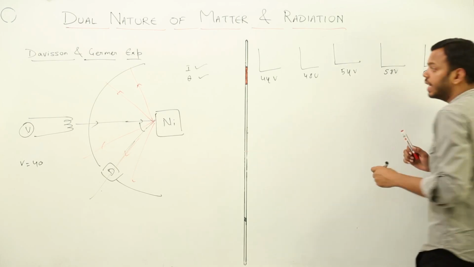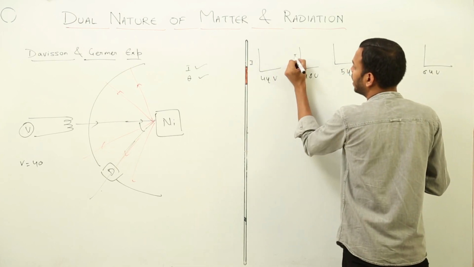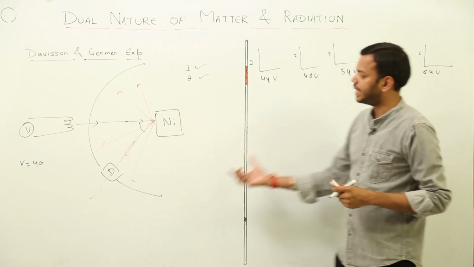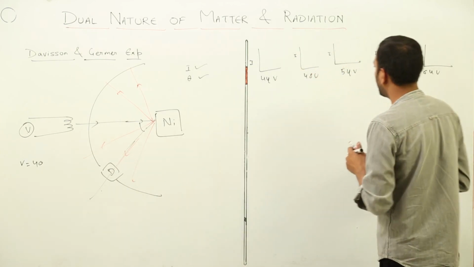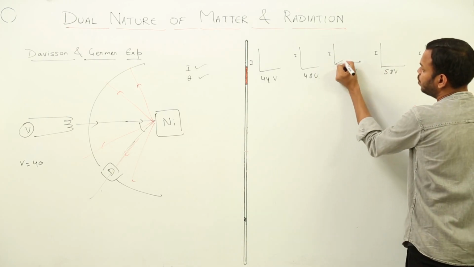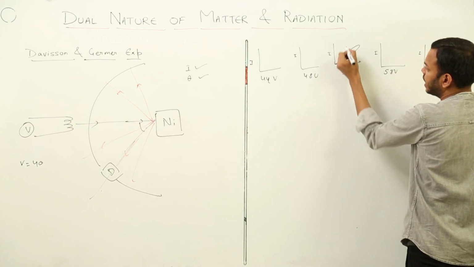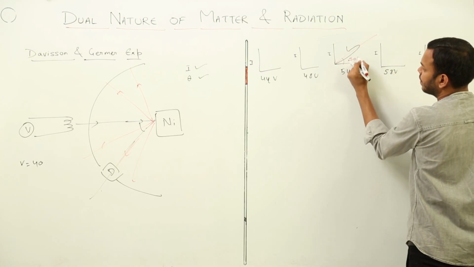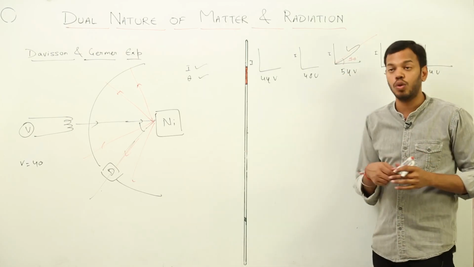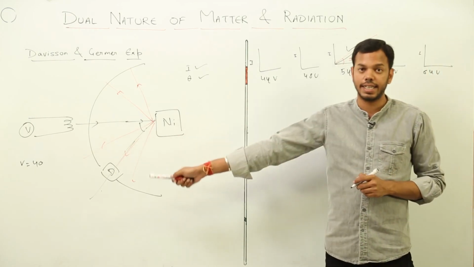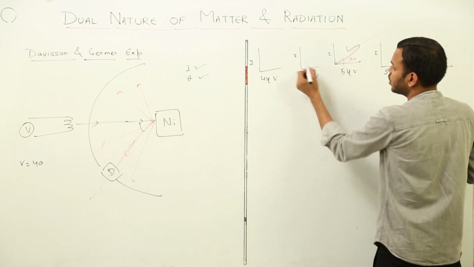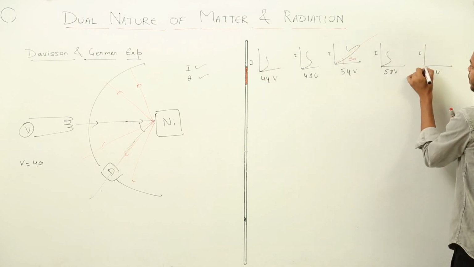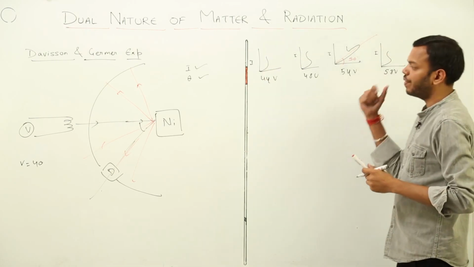These graphs are marked with respect to the intensity of electrons as detected by the detector. What they saw was a huge bump in intensity at 54 volt and 50 degrees, whereas in the rest of the cases the bump was not as deep as it was seen at 54 volt.